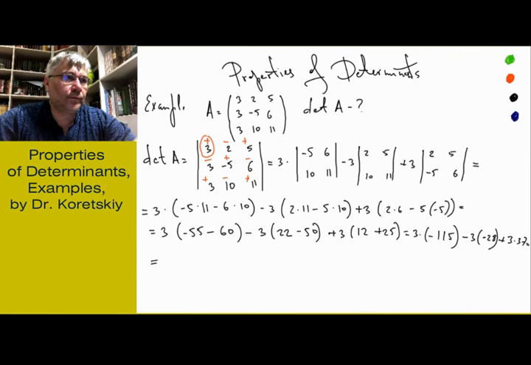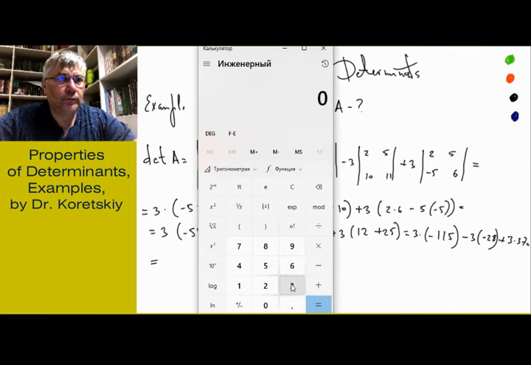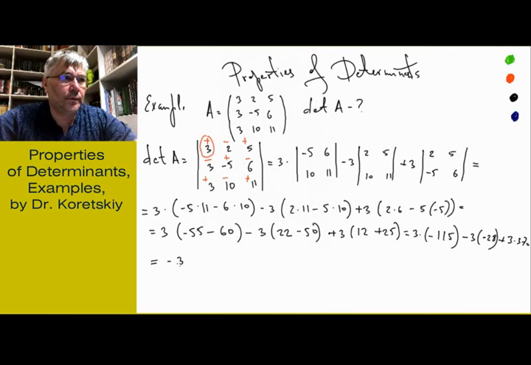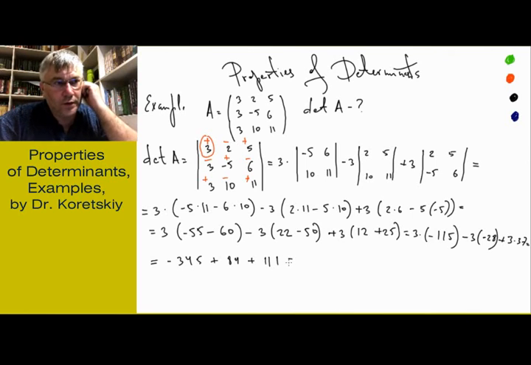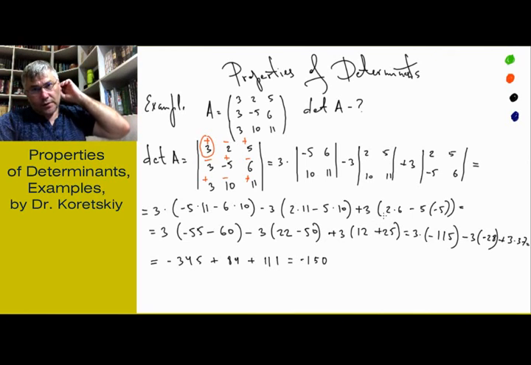And we have finally minus 345, plus 84 and plus 111, and all this gives minus 150. So the determinant of this matrix is minus 150.